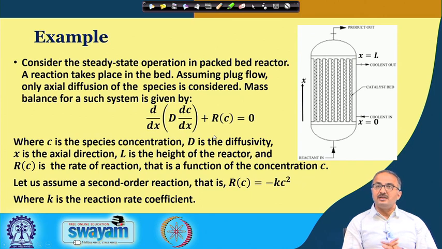Now you see that when we are doing this particular plug flow assumption, then we find that there will not be any variation with respect to the r and theta direction, because we are taking axis symmetry. So the only thing we shall be having will be in the axial direction. Okay?